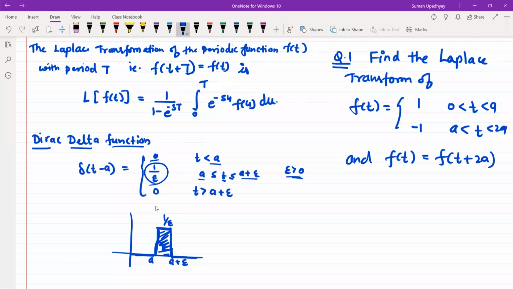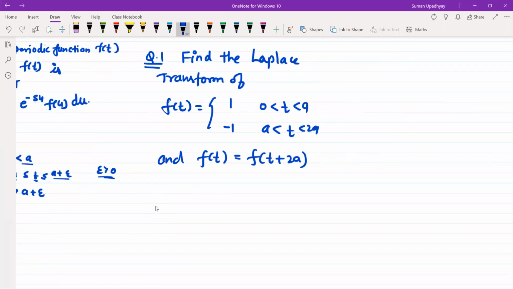So what do you understand from this question?